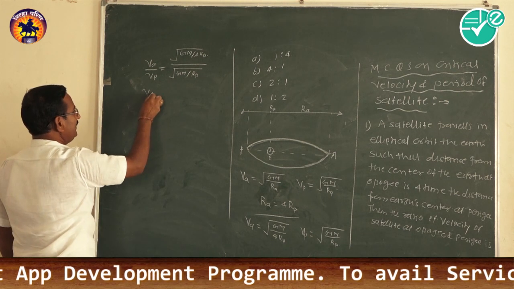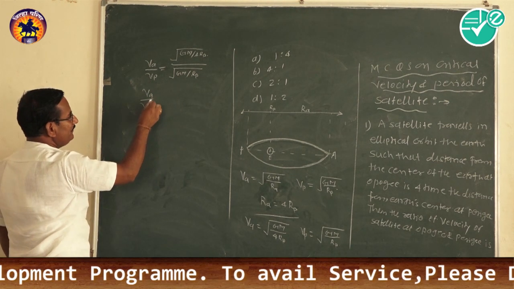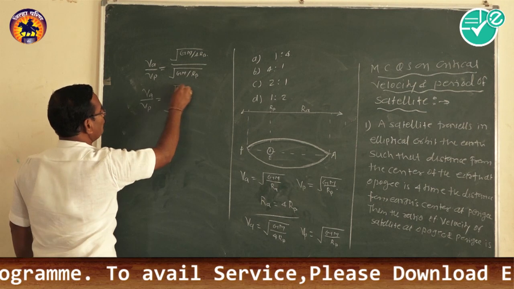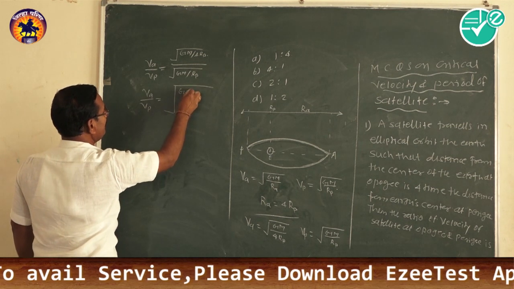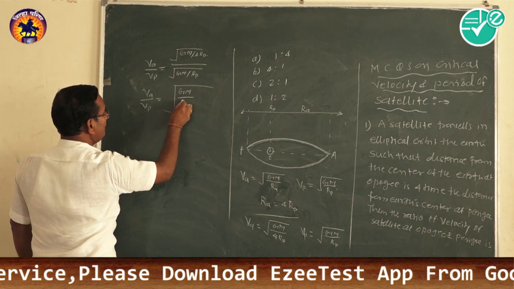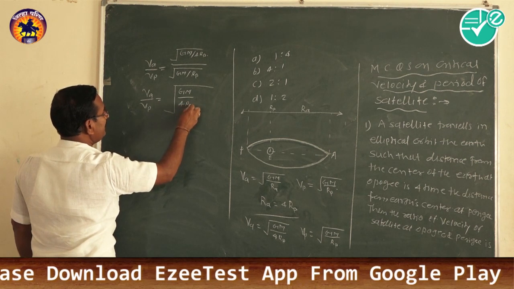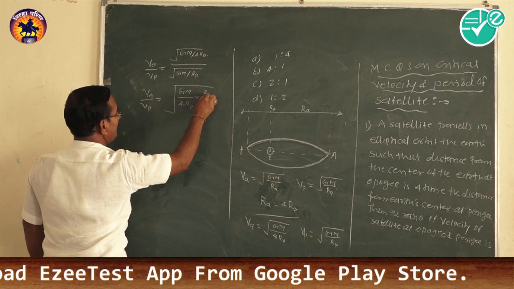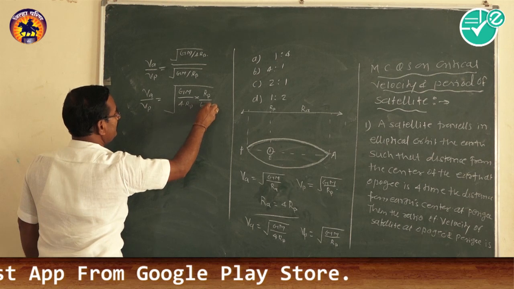Then VA upon VP is equal to under root GM upon 4RP into RP upon GM.